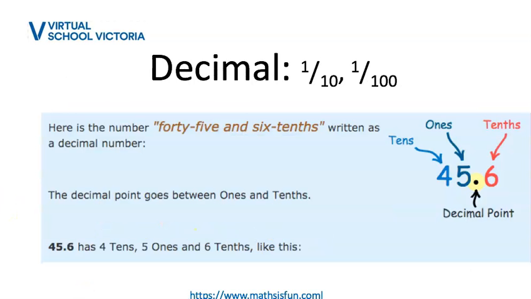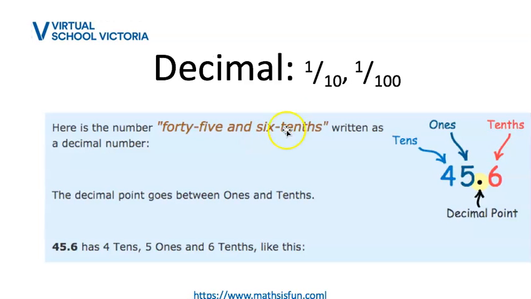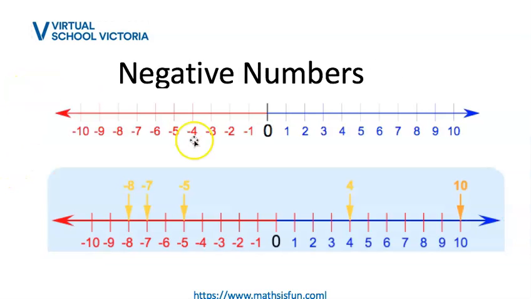We have decimals, and they're less than 1 or between 2 whole numbers on a number line. They're expressed in tenths and hundredths, and they're very interesting numbers on their own. And of course, we have negative numbers. Negative numbers go below 0, and it's what we don't have.